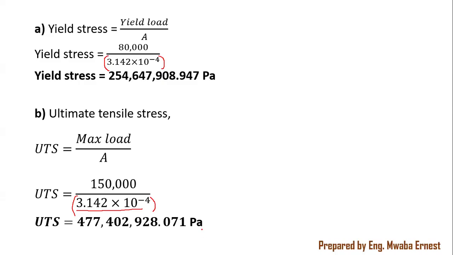In other words, you can say the UTS is 477 megapascals, and you keep it there. But of course, it's nice to write it that way, but you might as well just leave the answer as it is.